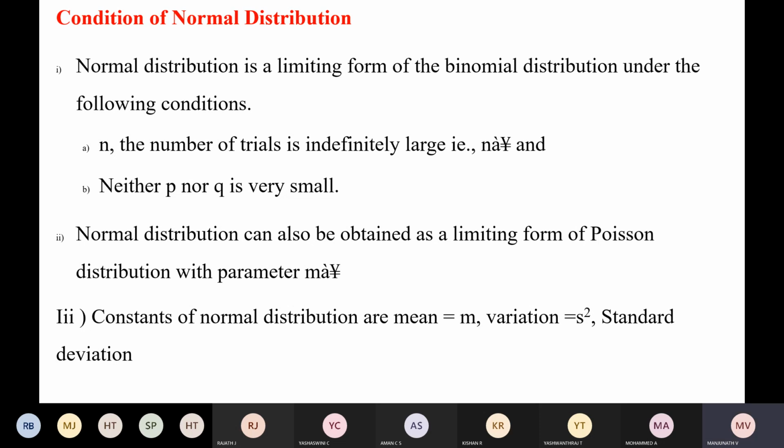But there is something called the law of inertia of large numbers. I'll just give you the summary.